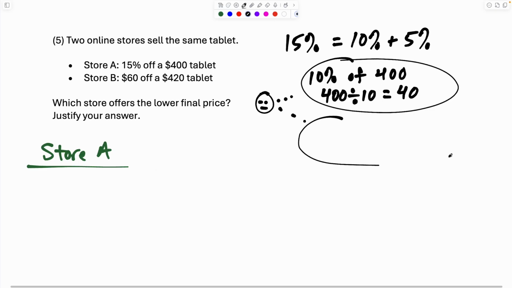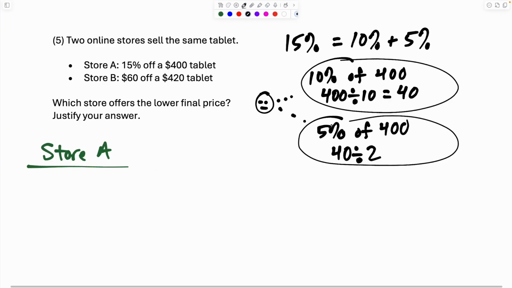And then next, what I could find is 5% of 400. Because in a moment, to find 15% of 400, I'm going to do 10% of 400 plus 5% of 400. So for this one, I just take the 10% of 400, which was 40, and I divide it by 2, because 5% is half of 10. And 40 divided by 2 gives us 20.